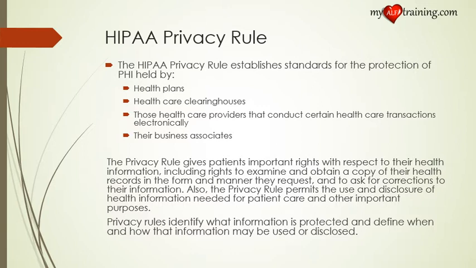The Privacy Rule gives patients important rights with respect to their health information, including rights to examine and obtain a copy of their health records in the form and manner they request, and to ask for corrections to their information. Also, the Privacy Rule permits the use and disclosure of health information needed for patient care and other important purposes. Privacy rules identify what information is protected and define when and how that information may be used and disclosed.